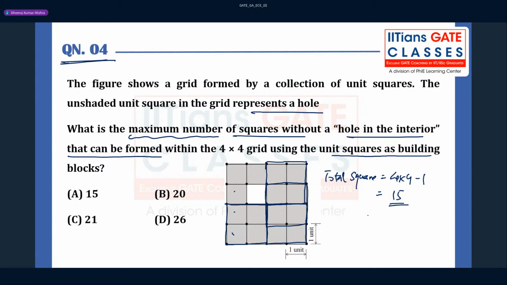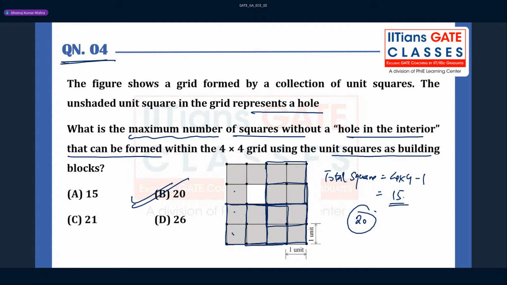I think this is clear for all, right? And one more is there. This is one more, right? So there are 5 of them, so you can add 5 more. So the total number of squares is going to be 20, right? As I counted here, you can see, understand?